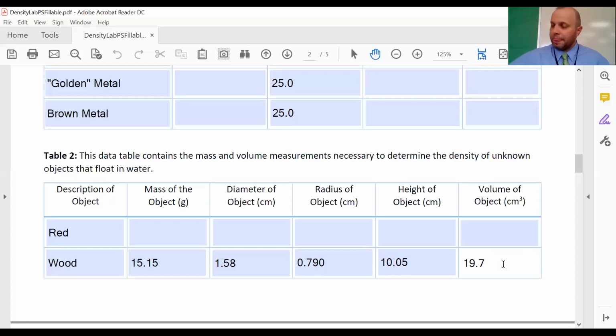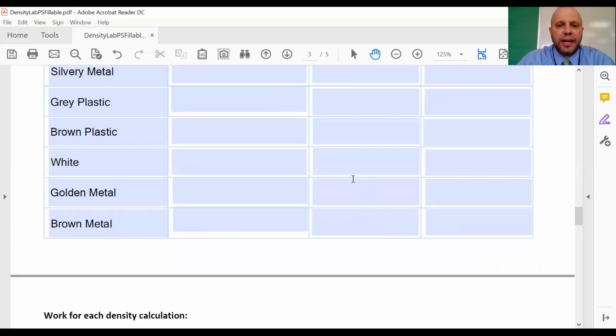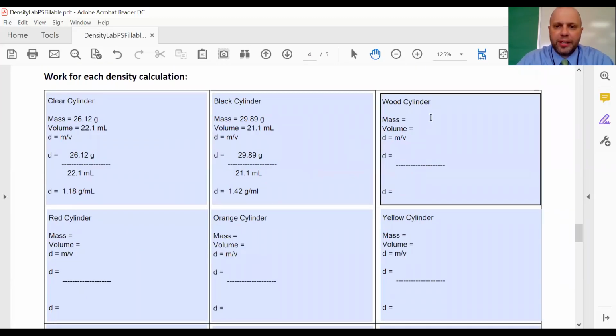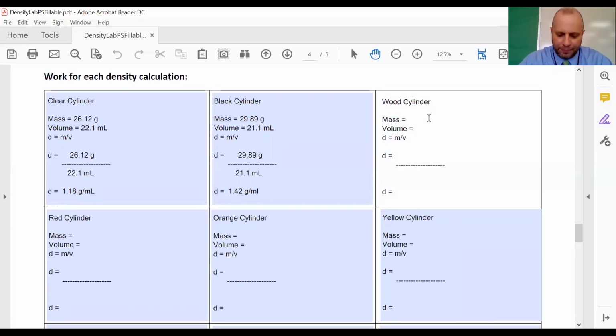So I'm going to write down our mass, 15.15, and our volume, 19.7. We're going to scroll down to where we enter in our calculations. So we have our wood cylinder here. The mass is 15.15 grams.